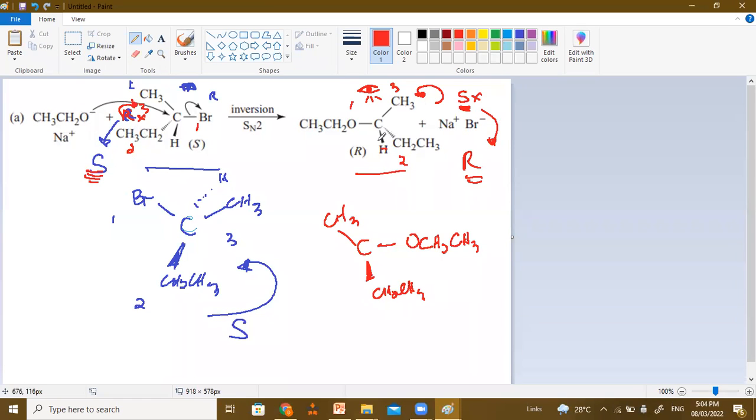And of course, the hydrogen flips to the back. Viewing from behind, the hydrogen is now a broken line, so this one is oriented away from the viewer.